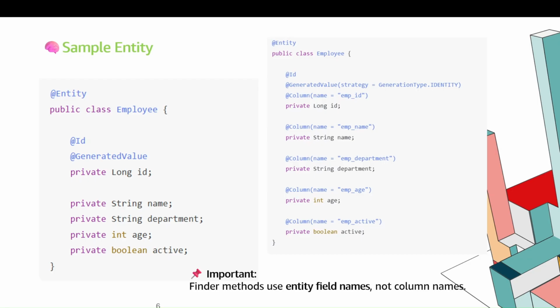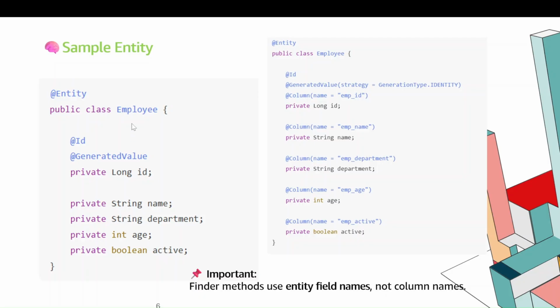So as I said, we develop entities and finder methods based on the entity's attributes. The functions that we write are based on the entity attributes. This is an attribute, or variable, you can call it. Based on these variables or attributes, we develop finder methods.